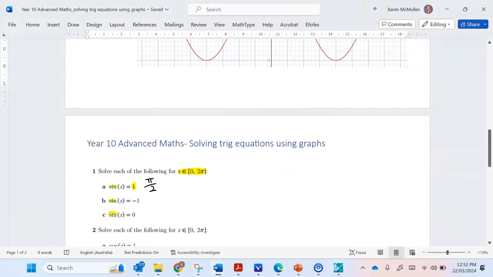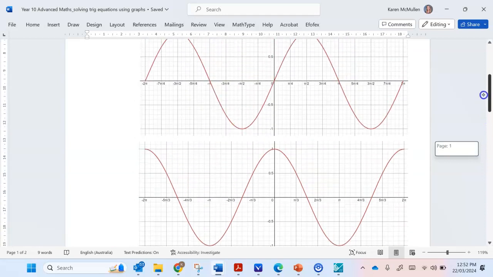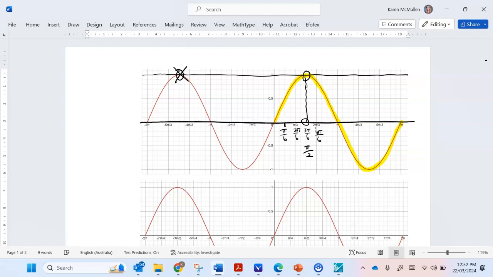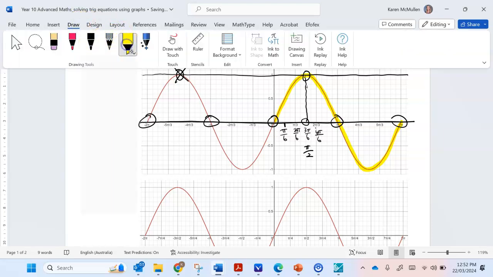So if I look at sine x equals 0, so this time I'm looking at the line when y equals 0, so where it's crossing the axes. So it's crossing here, here, here, here, here. We're only looking at the yellow section, so I might just highlight the solutions.